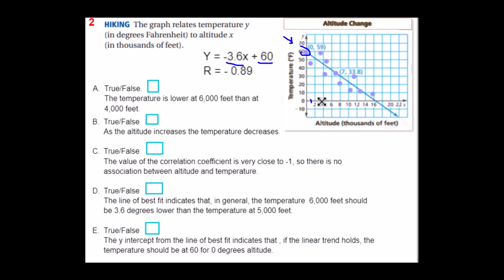So let's go 2, 4, 6, and this is in thousands of feet. So at 6,000, I'm here. If I look at my regression line, at 4,000 I'm going to be higher. So the temperature is lower at 6,000 than at 4,000. That's going to be true.